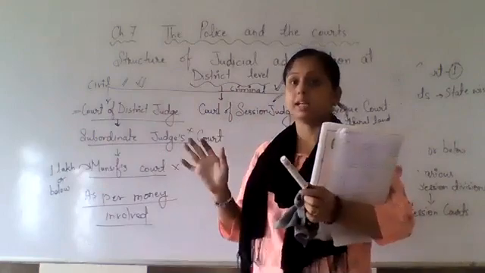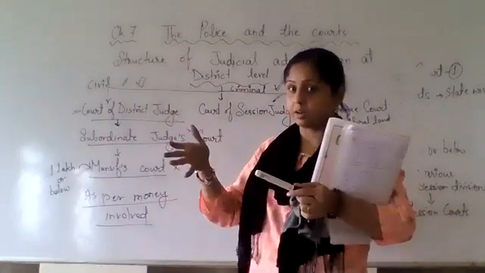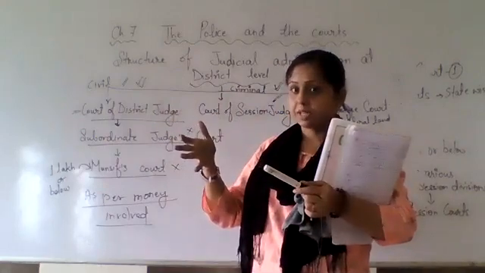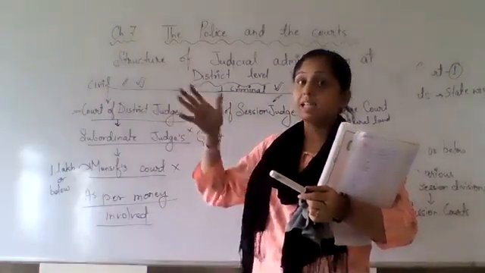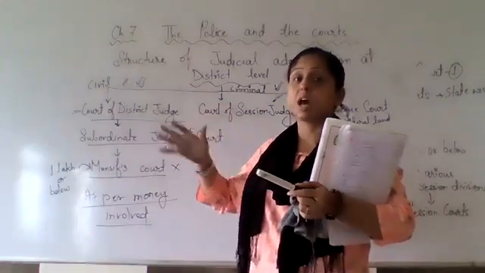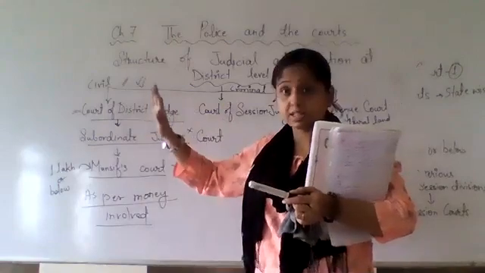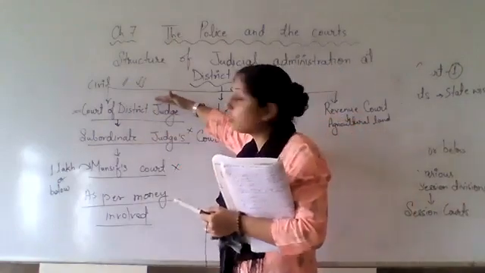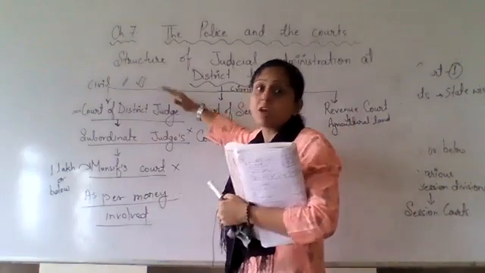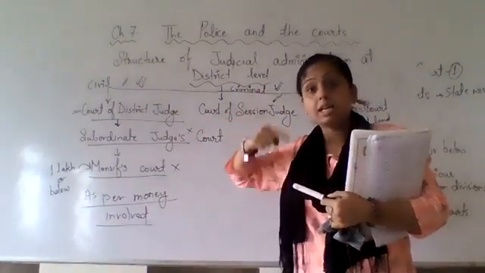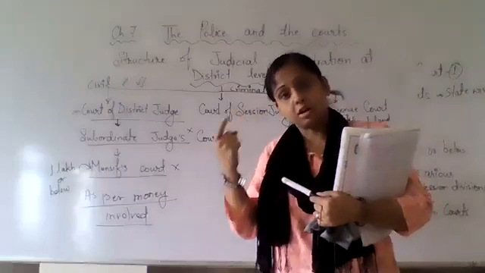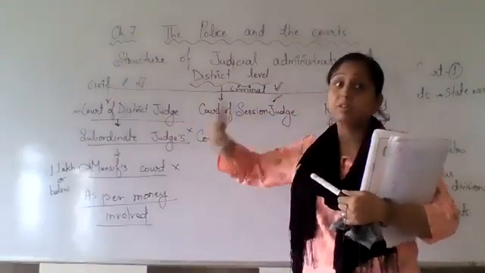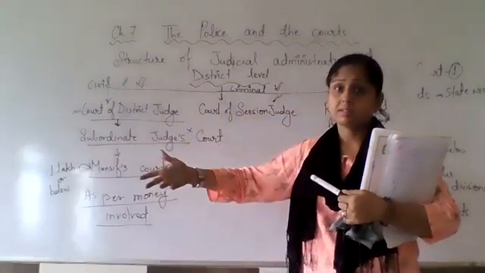Now think how much pressure will be there. The unattended cases will increase. If only one court of district judge will be there, the unattended cases will be more, it will increase day by day.